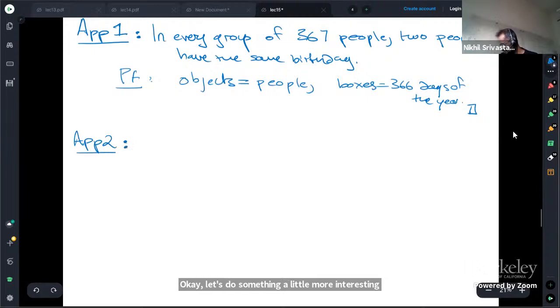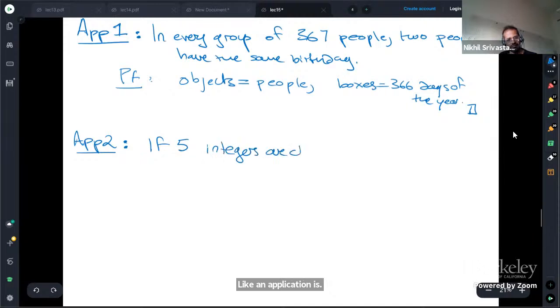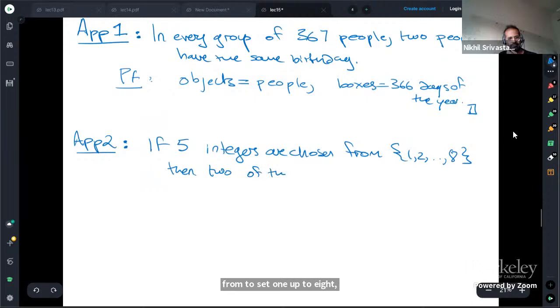Second application is, if 5 integers are chosen from the set 1 up to 8, then 2 of them must add up to 9.